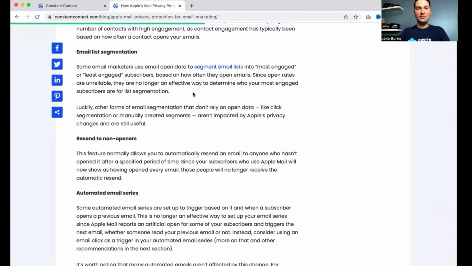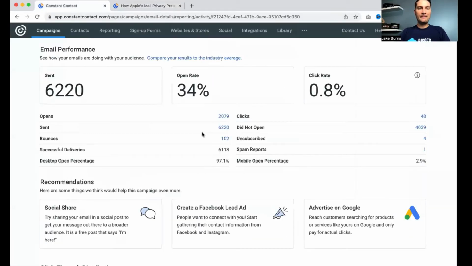Now, can you still use them? Of course, you can still use them. They still go to people who probably didn't open an email. It just won't be quite as large a list as it was in the past. But just as far as deciding what you're doing with your marketing, some of these things are less reliable than they used to be. Just a good note to put in there.